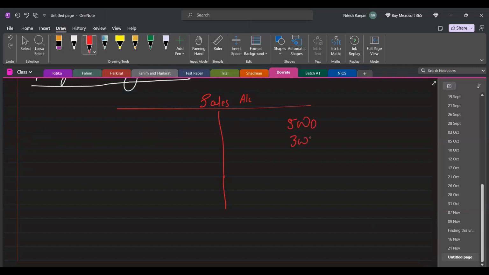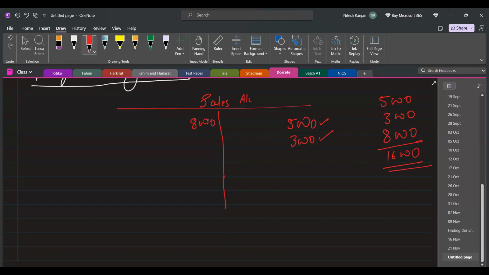There are three sales we have made in the current year: 5,000, 3,000, and 8,000. So total 16,000 sales we have made. But we have written 5,000 on the credit side, 3,000 on the credit side, but 8,000 is written on the debit side.